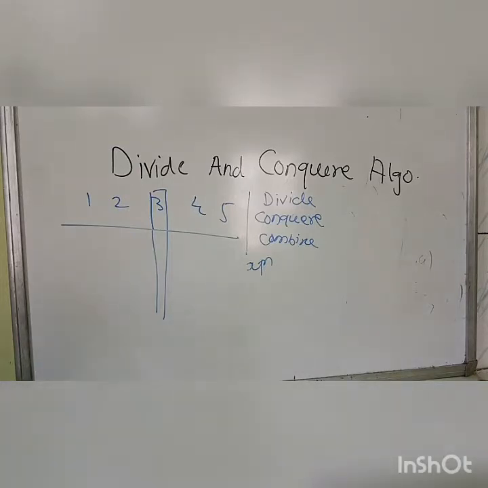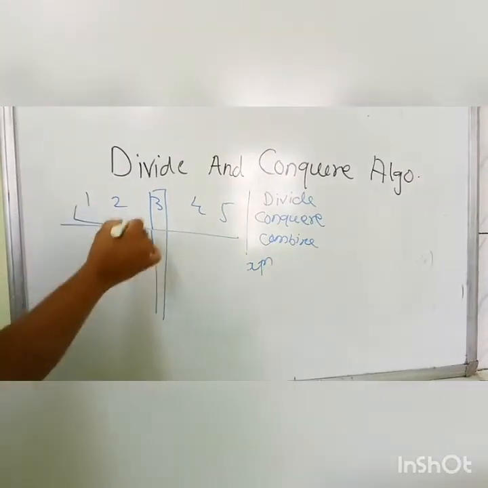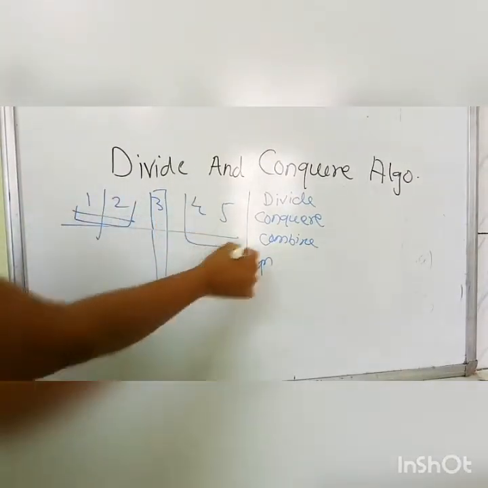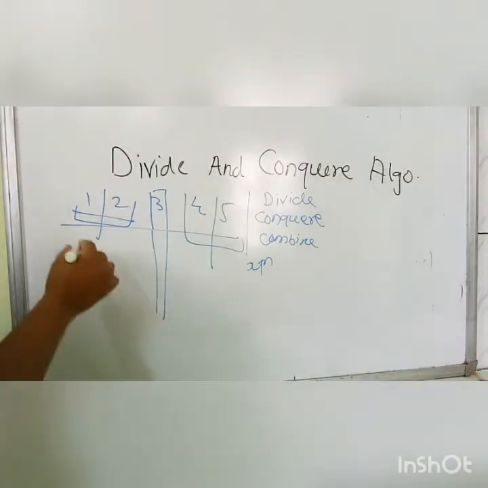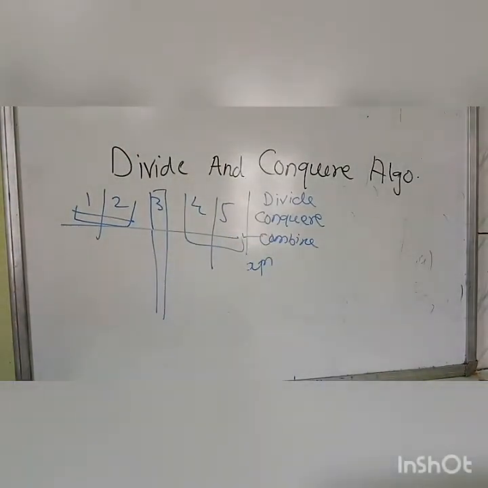Conquer is nothing but the subproblems solved by the DAC methods, means this is again solved by divide, this is again solved by divide. And third, the combine is what? This whole solved problem, means the divide and conquer techniques are actually combined, and we will get the solution at this combine stage.